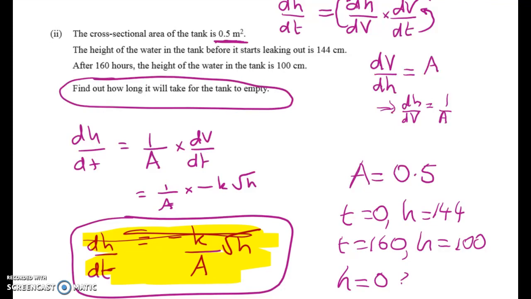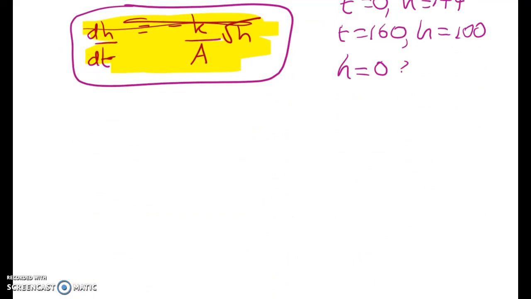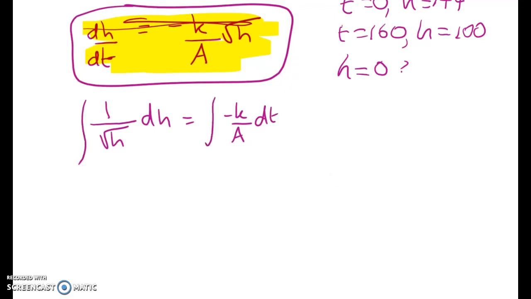You can see that it's a simple case of separating the variables. So when we do that, this is what we're going to end up with: 1 over root H dH is equal to negative k over A dt. And we're going to integrate both sides. So this is H to the negative 1/2 dH.